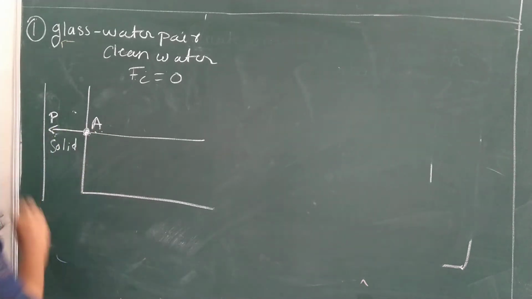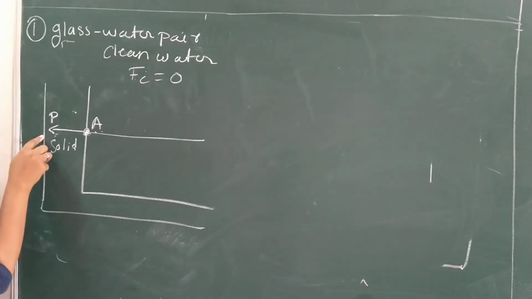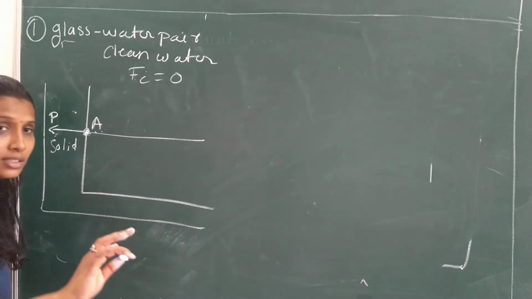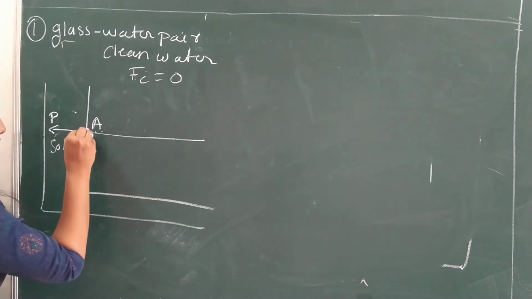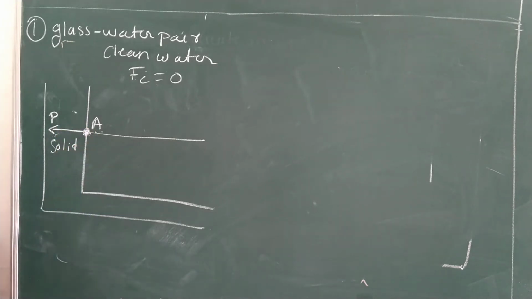So this AP represents the adhesive force here. You don't have any cohesive force here. It is totally 0. And if it is so, in which direction will my resultant force AR act?